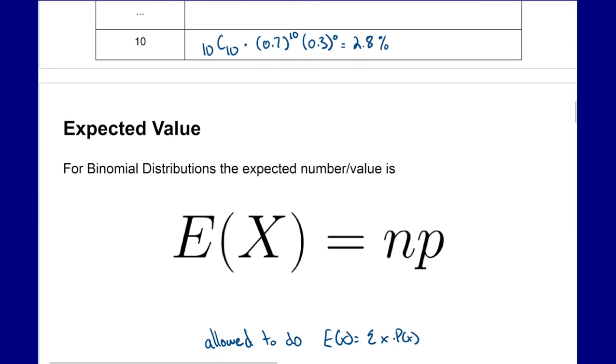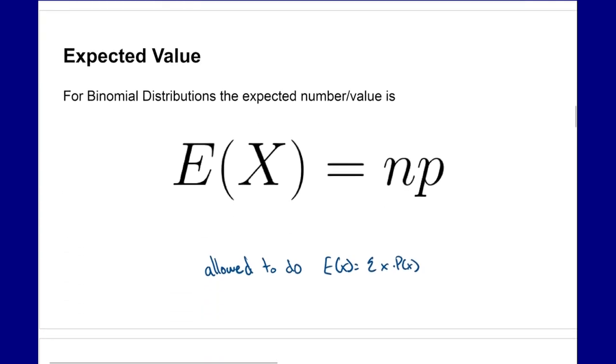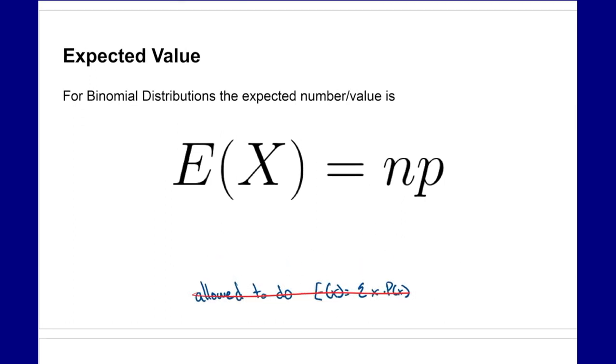With binomial distributions, there is a quicker way to do this so that we don't have to do this. Right? While it would work, it just tends to be long and complicated, especially with looking at how we had to calculate the probability.